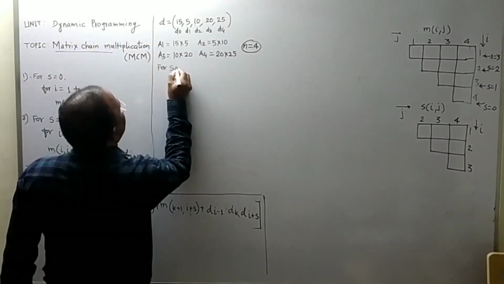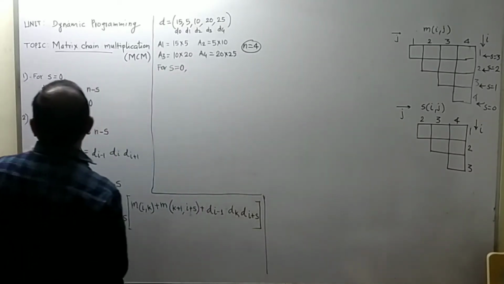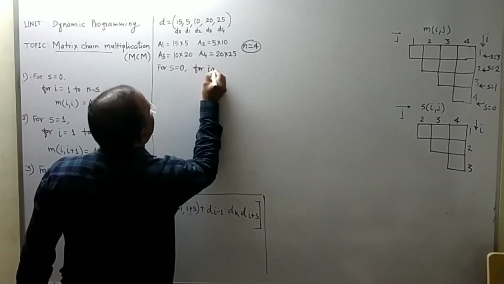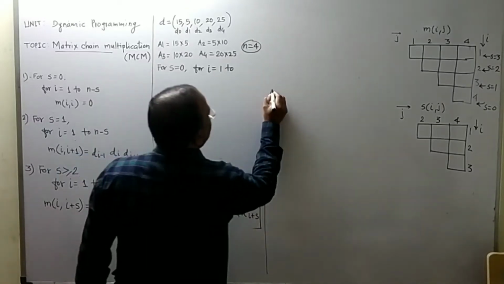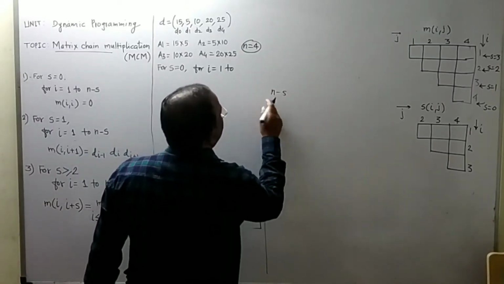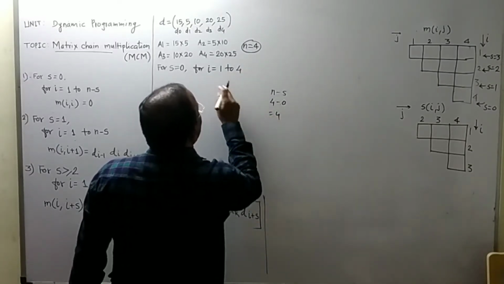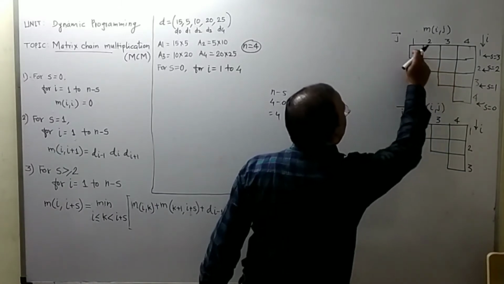For S is equal to 0, we have I is equal to 1 to n minus S. So n is 4, S is 0, that is 4, meaning 1 to 4. For S is equal to 0, there are 4 cells.